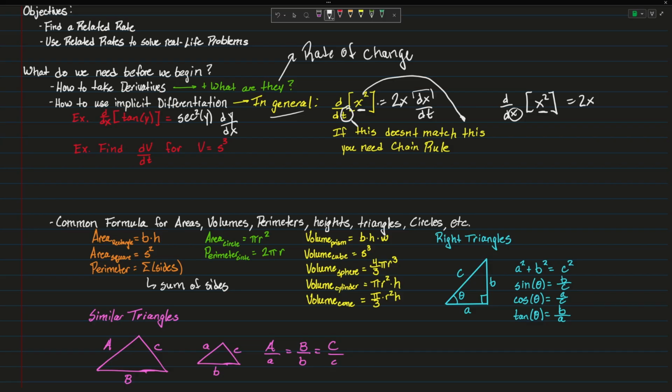Something we're going to see quite a bit is finding dv dt for v is equal to s cubed. If you're reading below, you can already tell this is a volume of a cube. But if we want to find dv dt, we have to take d dt of both sides.